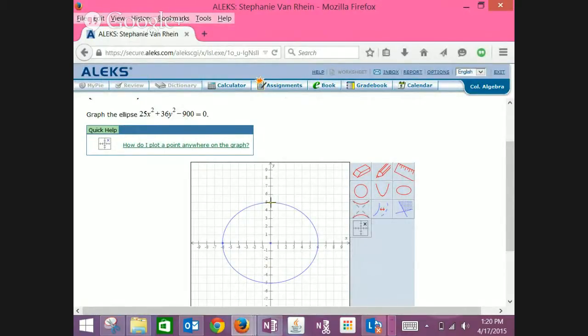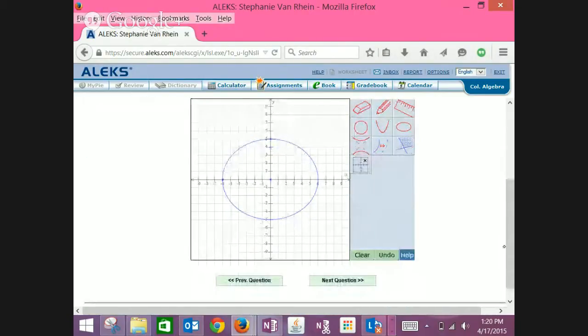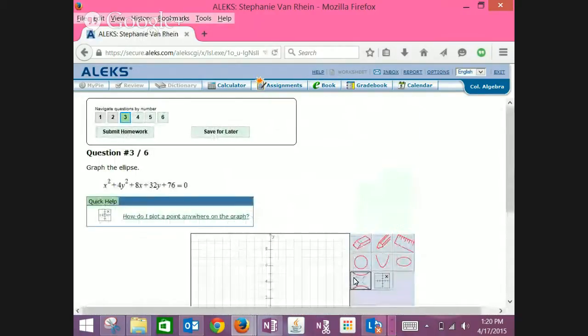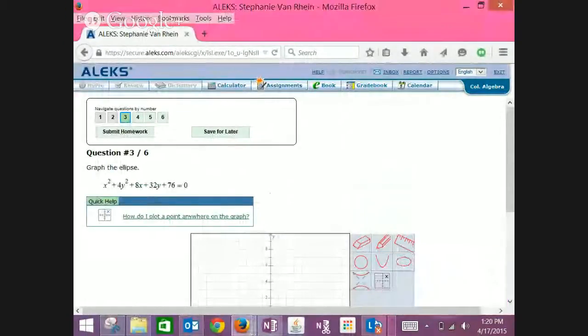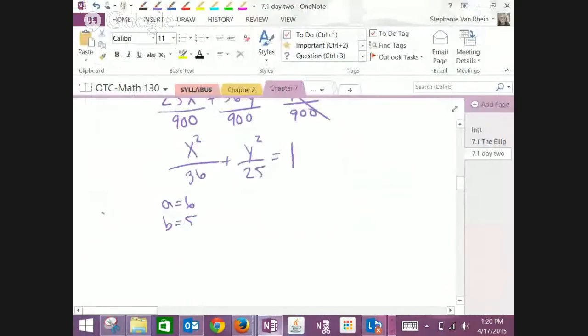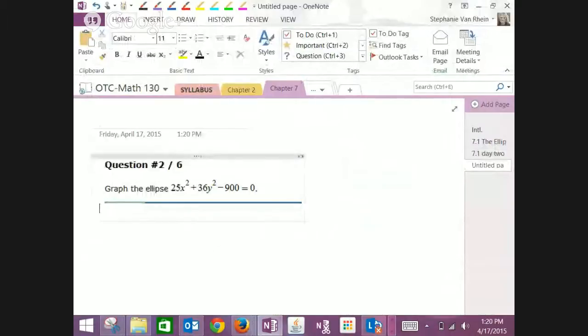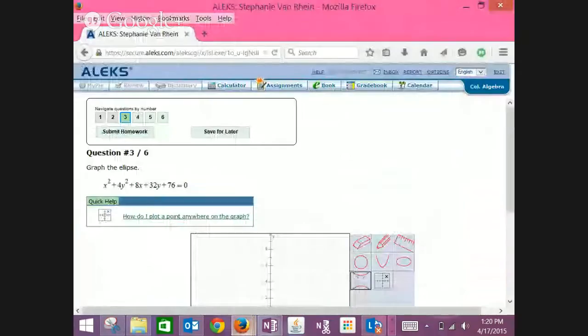My focus points are going to be on the major axis, so they're going to be somewhere in here. They didn't ask for that in the graph. Next question. Along the same lines, here there's going to be a shift. Oh, I guess I got it. Oops, let me get it.